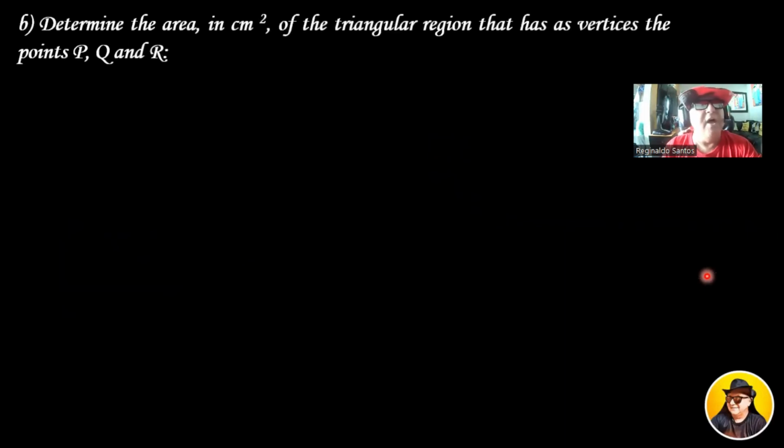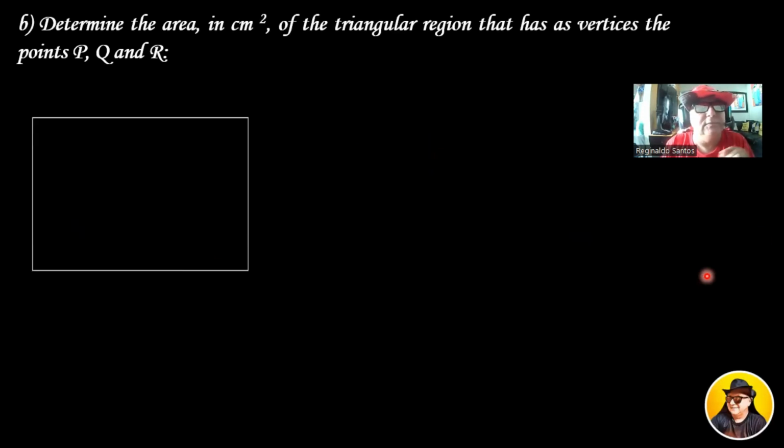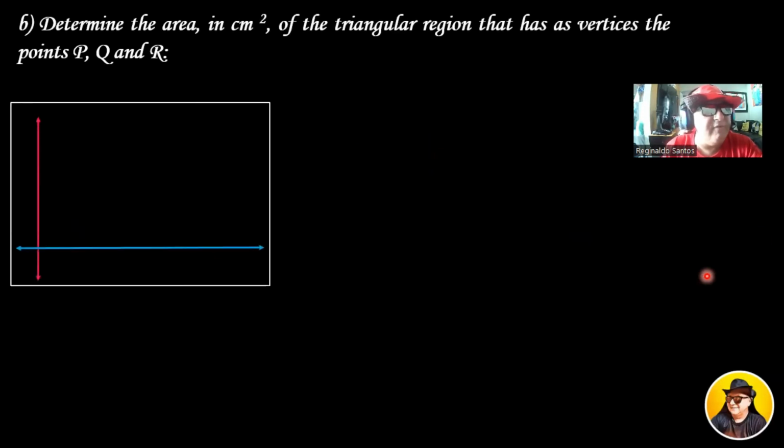Let's see. Okay, here it is. Determine the area in centimeters squared of the triangular region that has as vertices the points P, Q, and R. Here we have the Cartesian plane with X number line and Y number line. Let's see the points.